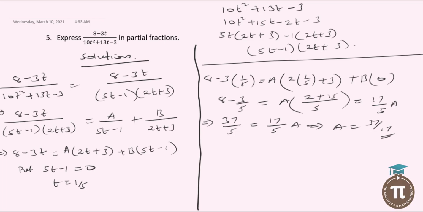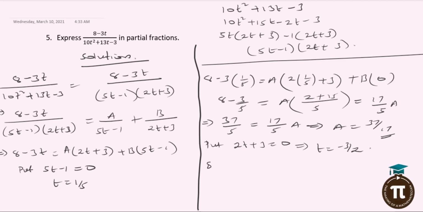Now, to find B, the same approach is what we are going to use. We will make the coefficient of A 0. So we'll say put 2t + 3 to be equal to 0. And make t the subject, that means t will be equal to minus 3 over 2. So put t to be minus 3 over 2 in the equation.